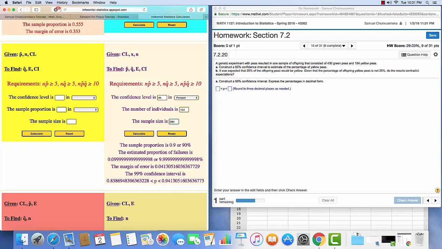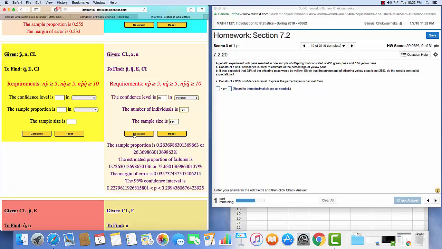Because you're not going to put 430, because that's green pea. This is the whole sample size. You add 430 plus 154, and that gives you 584. And the number of individuals with the specified characteristics is 154 because we're focusing on the yellow peas.